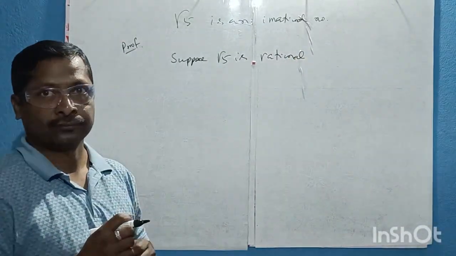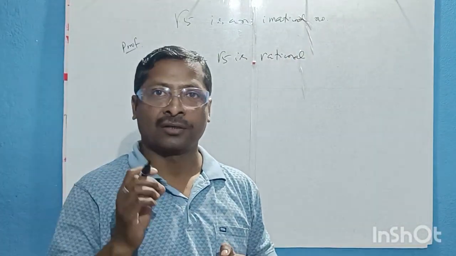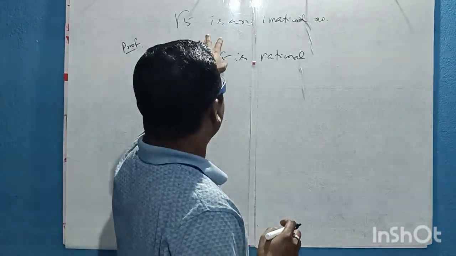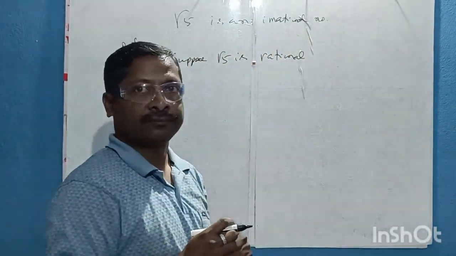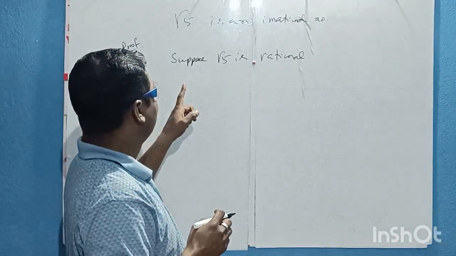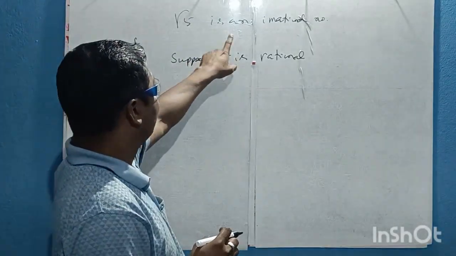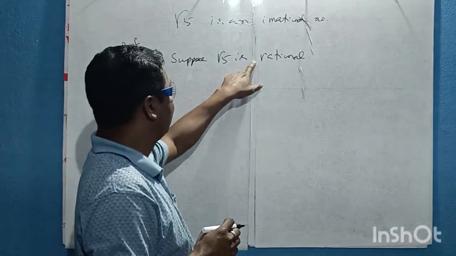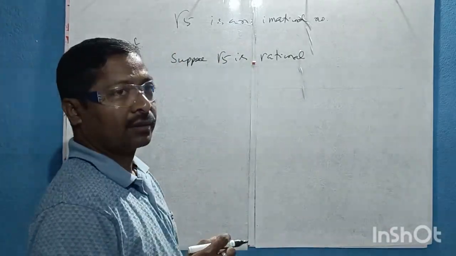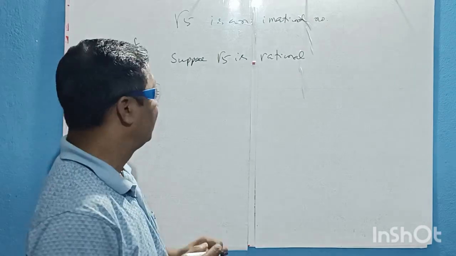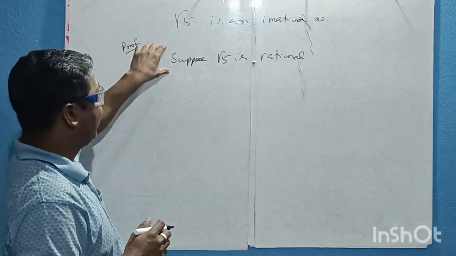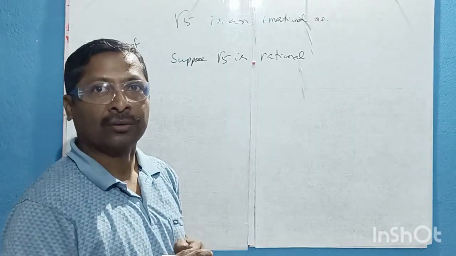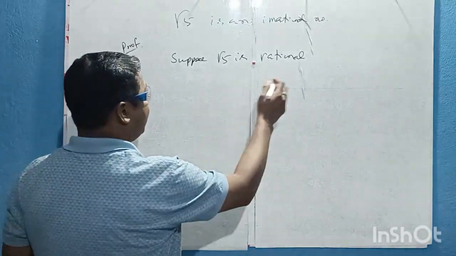I have taken this into consideration, I am not taking it as a fact, and that's why I have taken just the opposite of the fact, and I have to prove whether my taking this fact is right or wrong. Root 5 is rational.